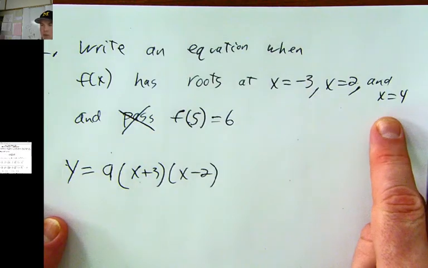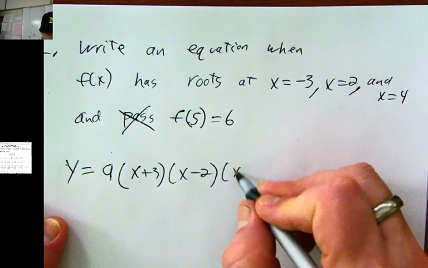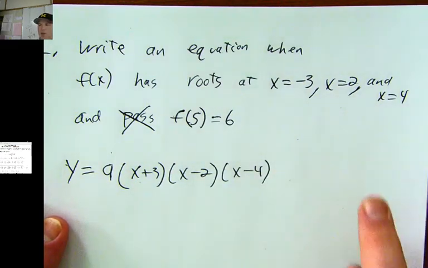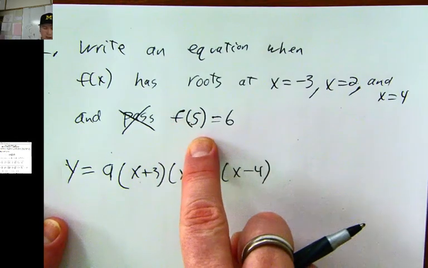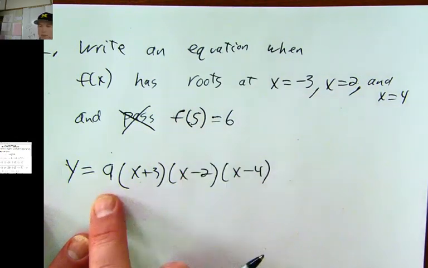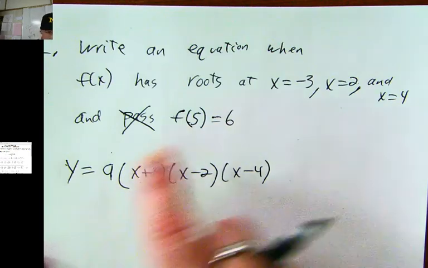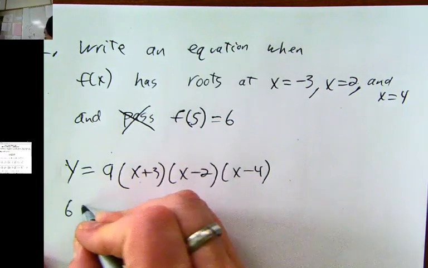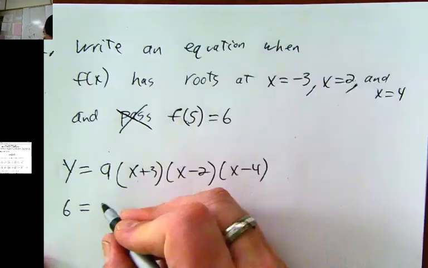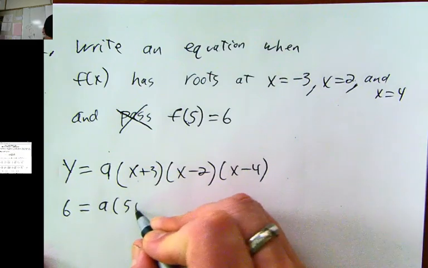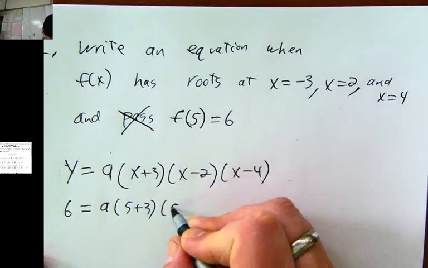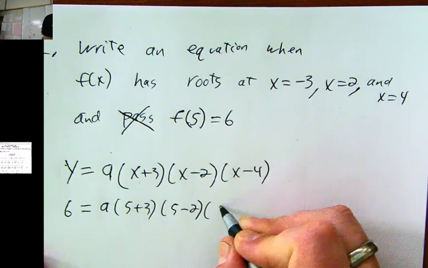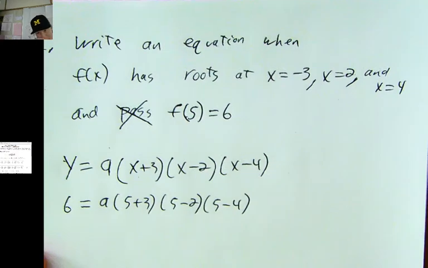And then because of the root at 4, it's x minus 4. And then we're going to use the point that the graph passes through to help us find the a. So when y is equal to 6, x is equal to 5. So I have 5 plus 3, 5 minus 2, and 5 minus 4.